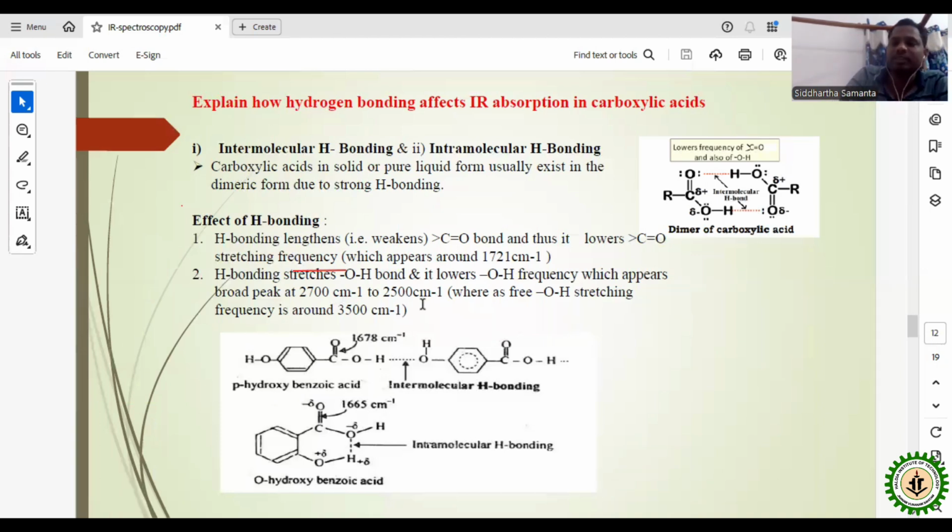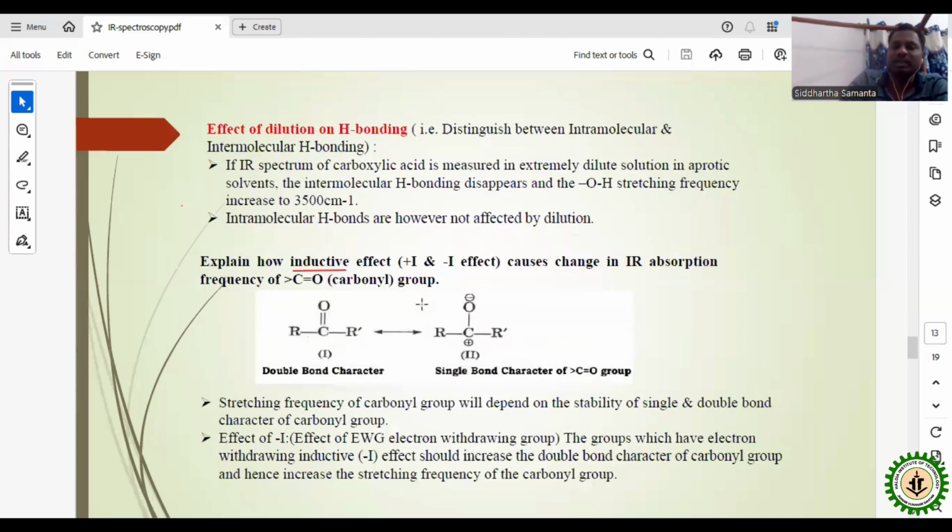And from IR spectra, we can also differentiate what type of hydrogen bonding it is, intramolecular hydrogen bonding or intermolecular hydrogen bonding. If a compound has intermolecular hydrogen bonding and we dilute it, then this hydrogen bonding breaks and its OH stretching frequency is increased to 3500.